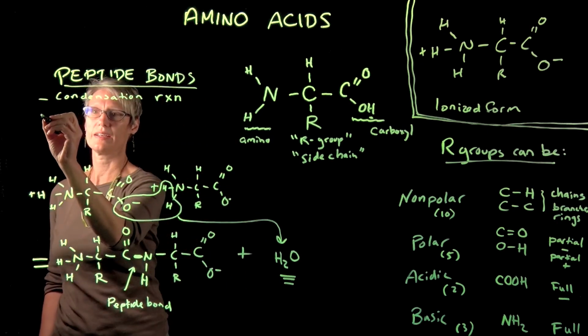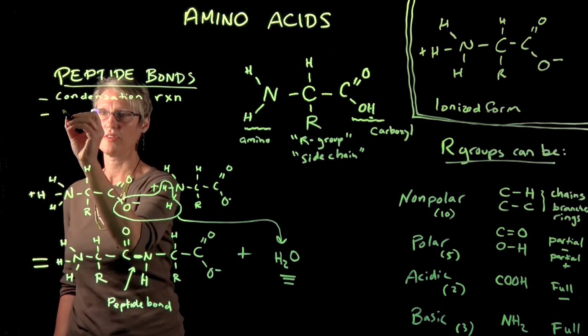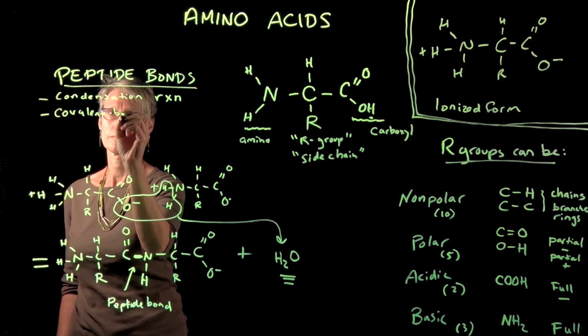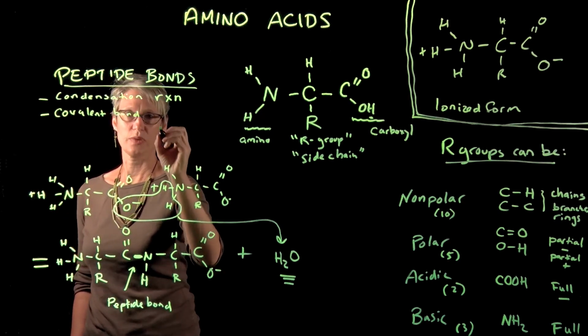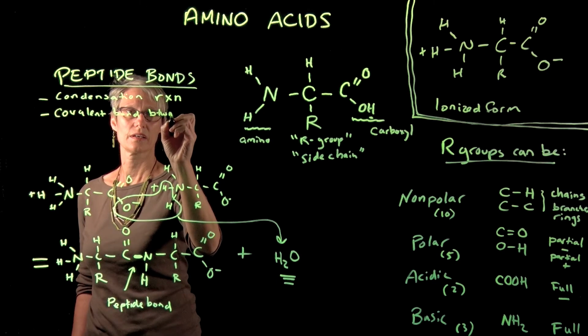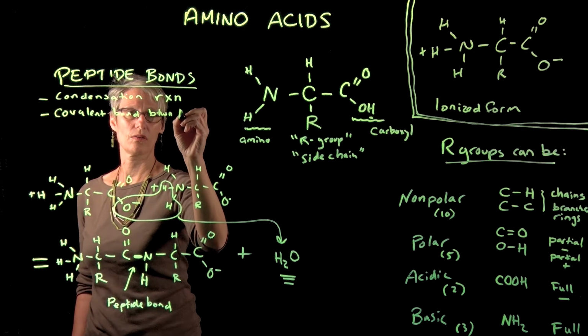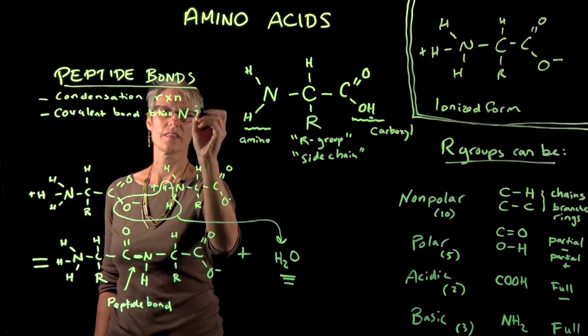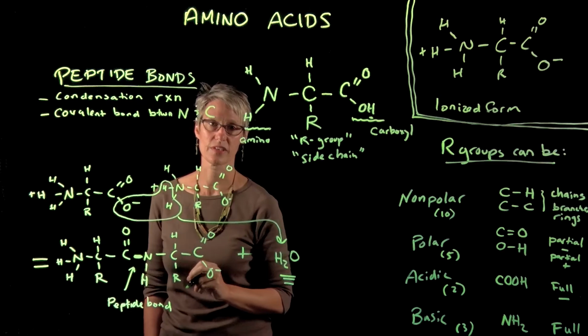A peptide bond is a covalent bond, and it's between the amino N of one amino acid and the carboxyl C of another amino acid.